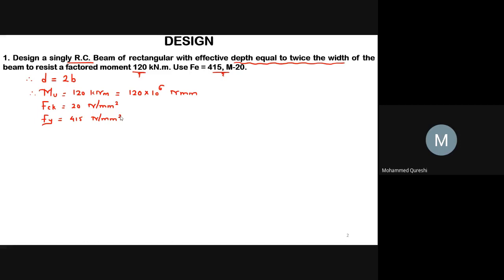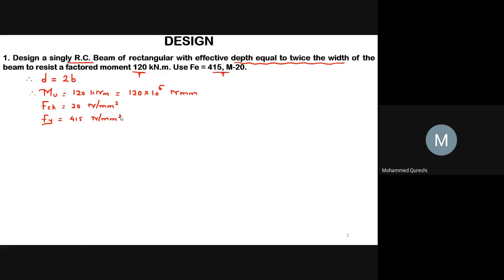Here, it is not stated whether we have to design a beam using a balanced section, over reinforced section, or under reinforced section.